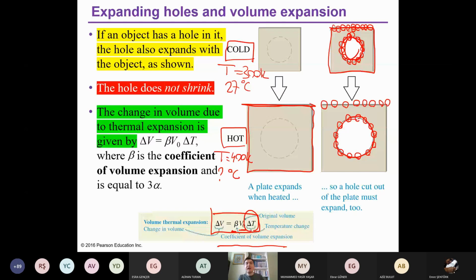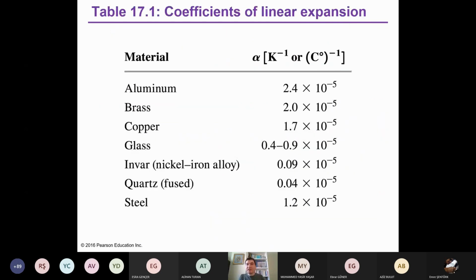And here we have the coefficient of linear expansion. It is a very important table for technological and industrial applications and also for daily life. So each material has a certain unique alpha. So you change the temperature of the aluminum, for example.